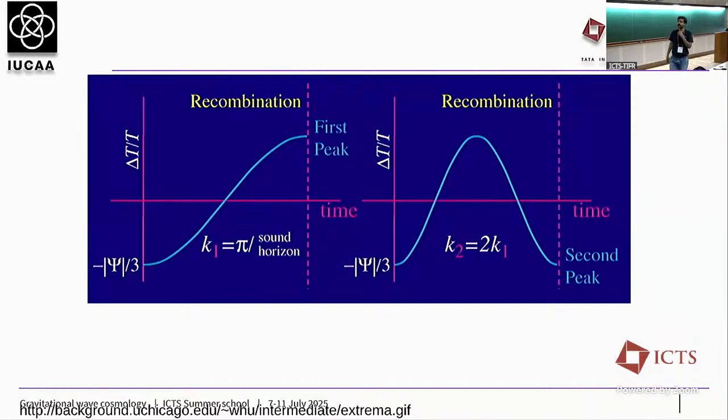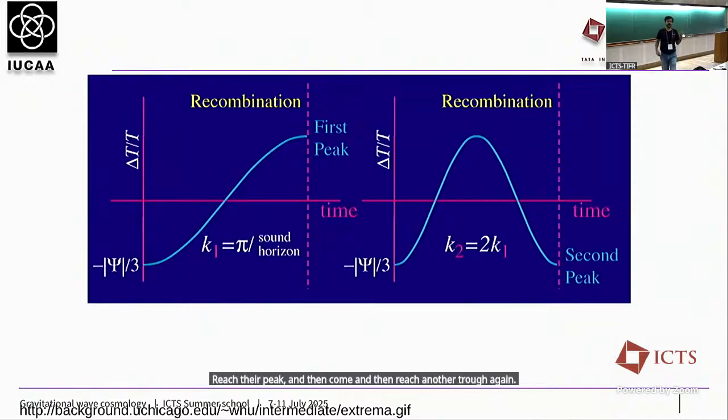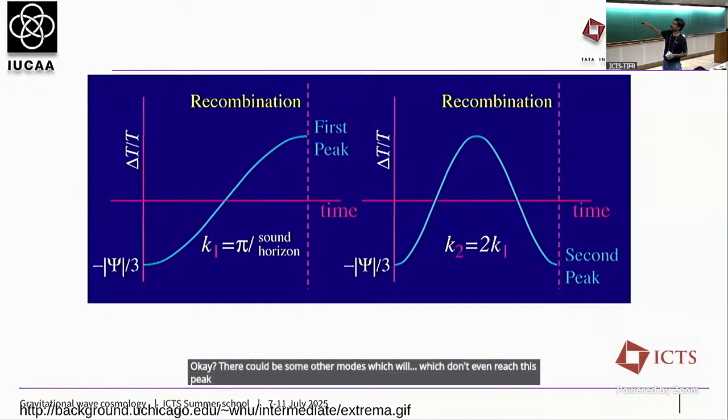Now, you can consider different modes. This is one particular mode which just reached its peak, but there could be other modes which reach their peak and then reach another trough again. There could be some other modes which don't even reach this peak, so they are somewhere in here.